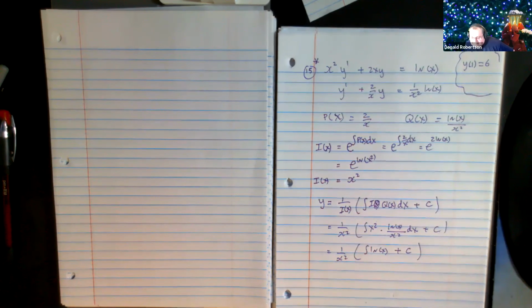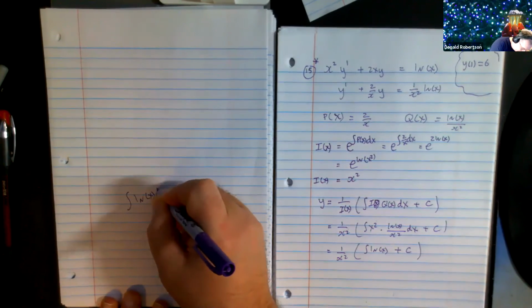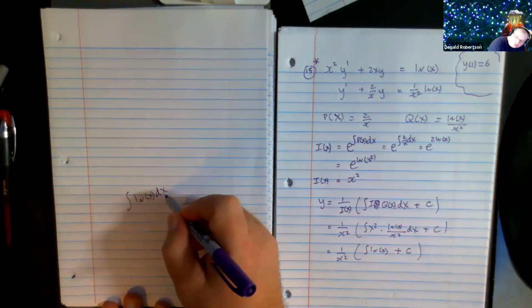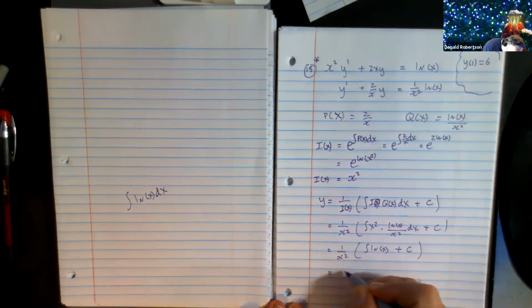Okay, if you've got a really, really good memory, you'll actually know what the integral of log x is. If you don't have a good memory, or you're not 100% confident that you want to use what you think the right answer is, we can do this by integration by parts. But let's do the really good memory version first.